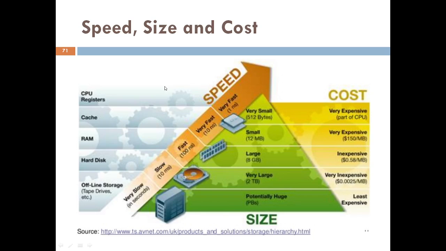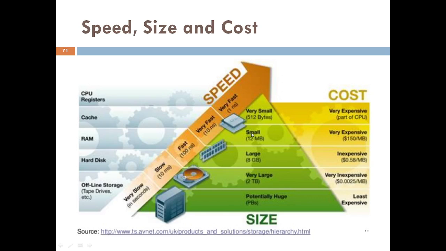First in the memory hierarchy come the CPU registers, which are very small memory, able to store up to 512 bytes of data, and are very expensive and very fast. The memory access time is in terms of 1 nanosecond.